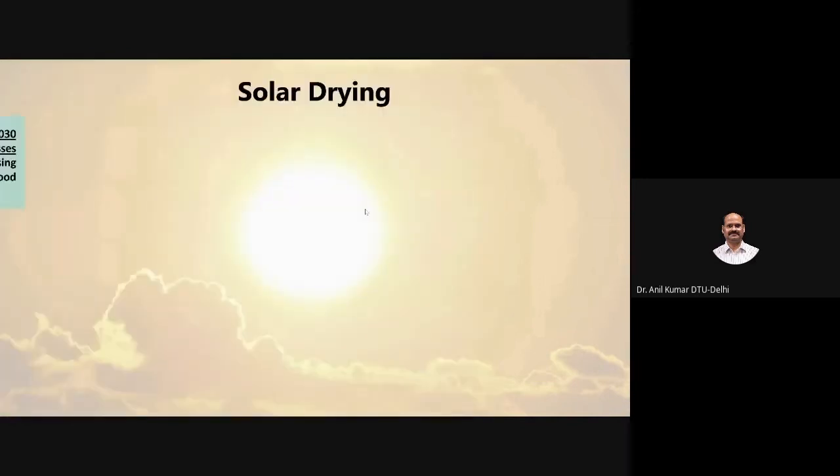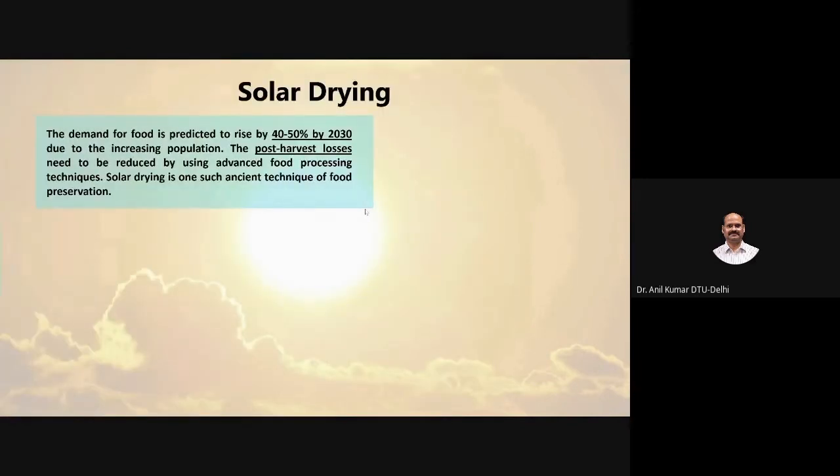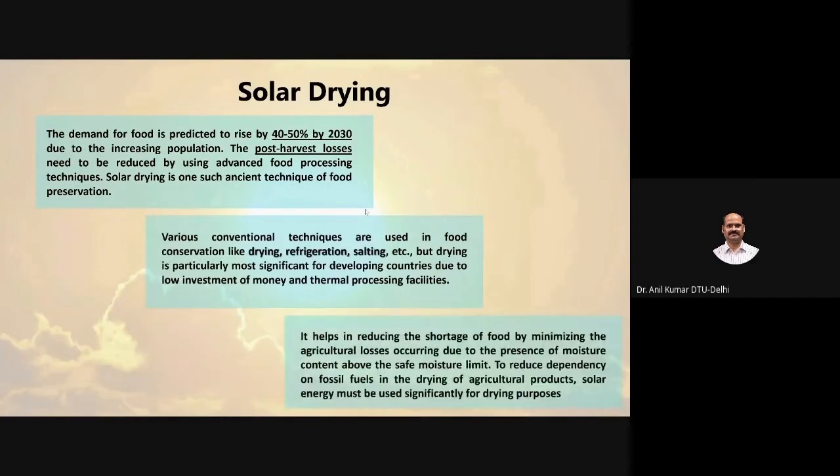Now solar drying, in fact food drying: the demand for food is predicted to rise by 40 to 50% by 2030, and there are many harvesting and post-harvest losses that we can avoid with the help of solar drying. We can reduce the moisture content of agricultural produce by drying, refrigeration, salting, and many other ways, but they are very energy intensive.